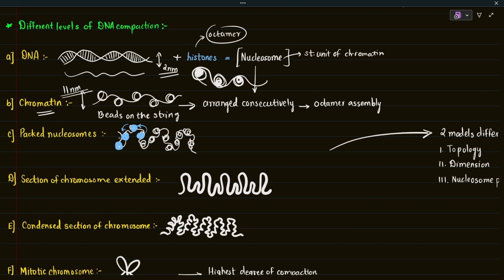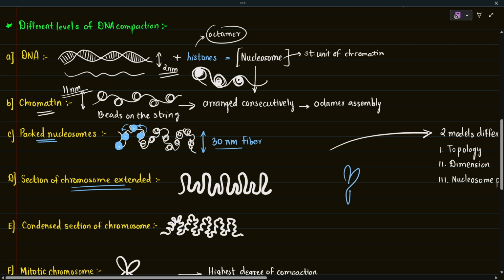So this packaging of nucleosomes makes a 30 nanometer fiber. It makes a 30 nanometer fiber. See, now the level of compaction has increased, and when you pack this 30 nanometer fiber more densely, you will find the chromosome extensions. So you can imagine that the chromosome is a very compact structure.